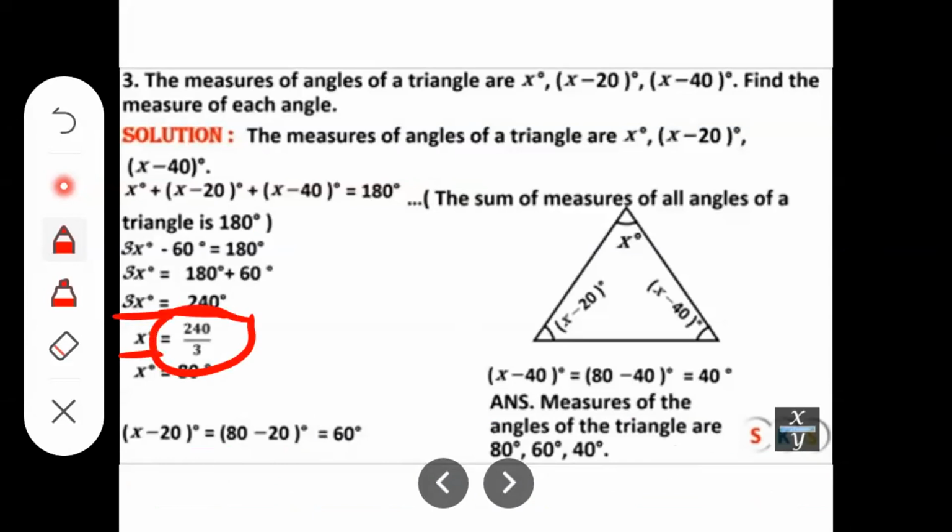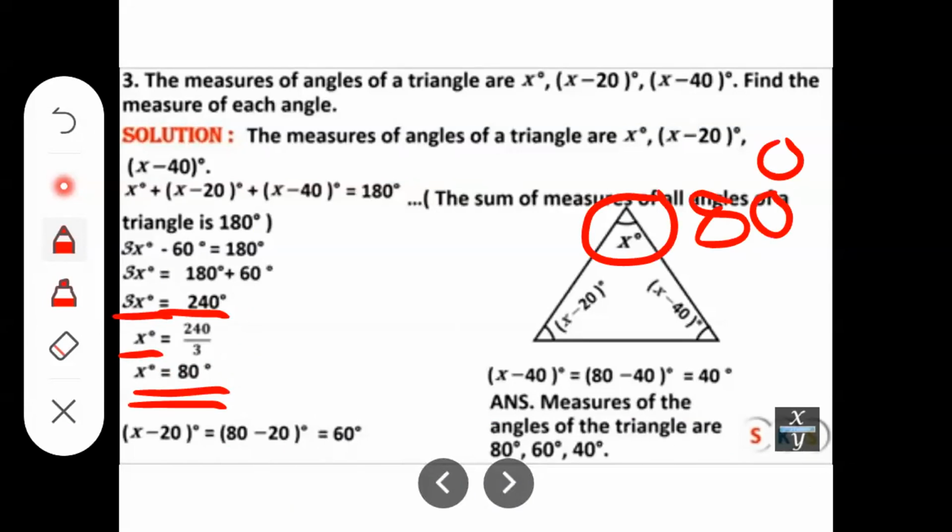So 240 divided by 3, the value we got, x is equal to 80. Means where is the x value? Here. So that angle is 80 degree.